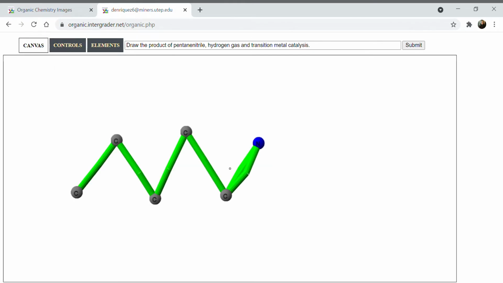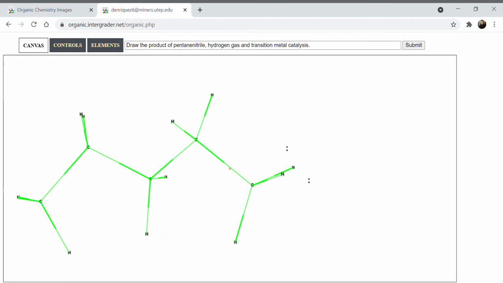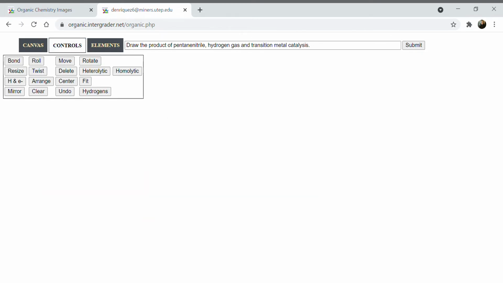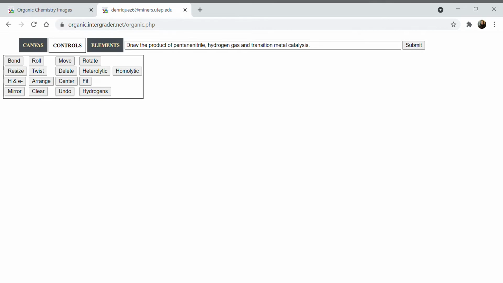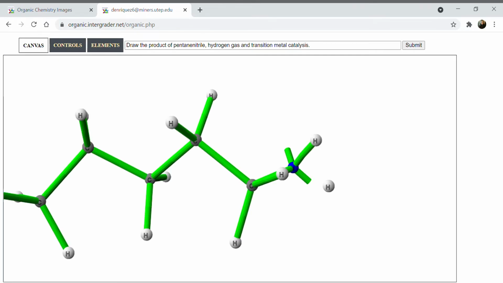So I know the hydrolytic, I'll go ahead and release those bonds, add my hydrogens, hit arrange, and then I need to add 2 more hydrogens, one right here, and I'll go ahead and bond this one over here. Using my hydrolytic function.